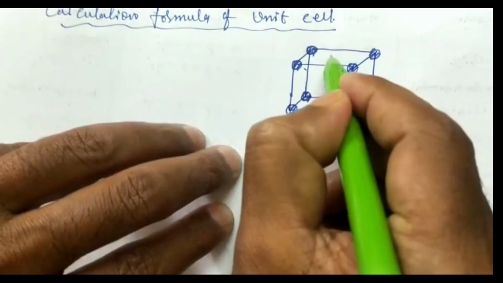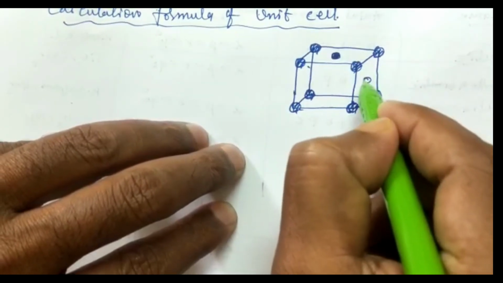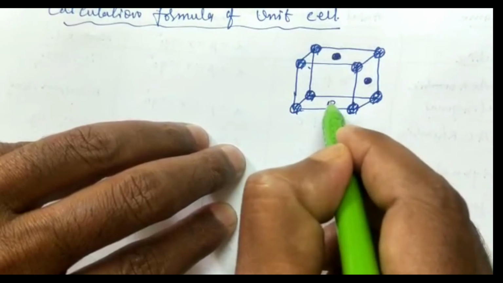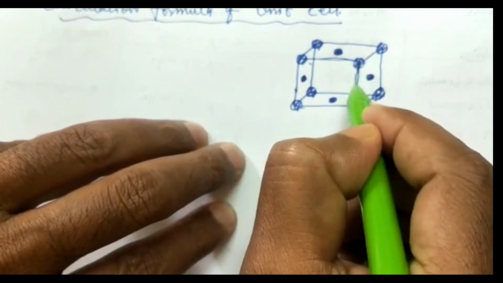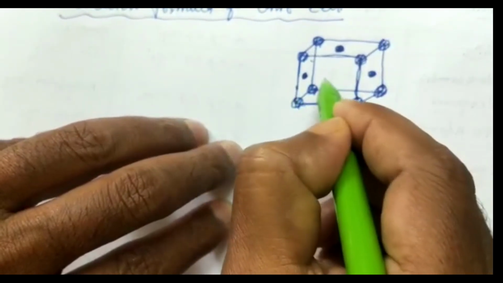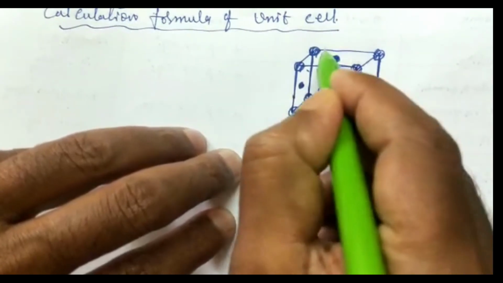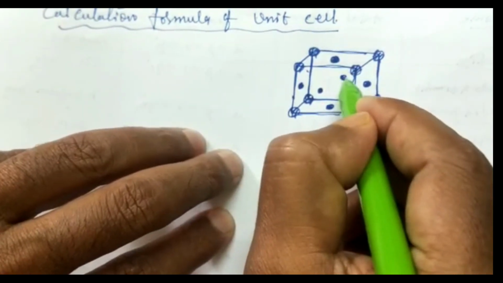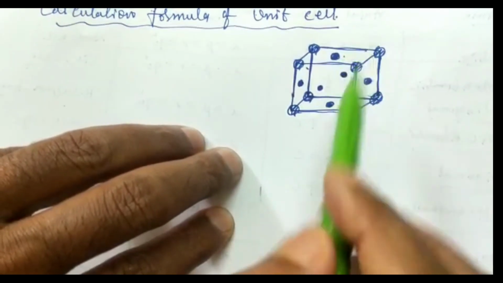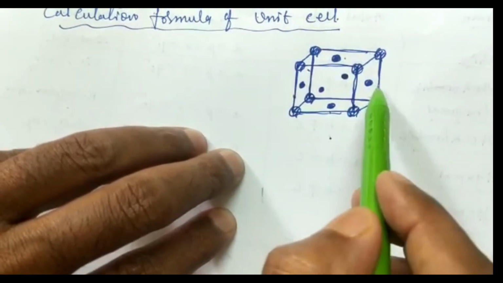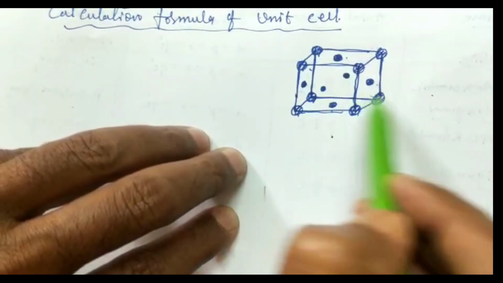And it has faces. This is a face: face 1, face 2, face 3, face 4, and this is the front face and this is the back face. Totally how many faces are there? One is top, bottom, right side, left side, front side and back side.